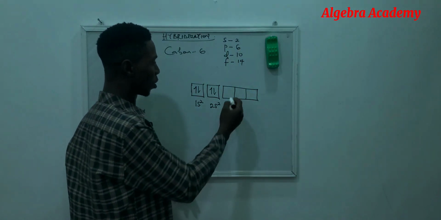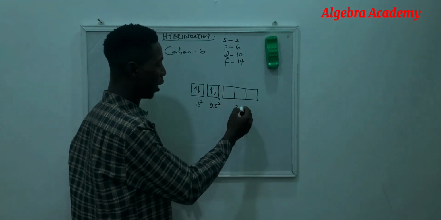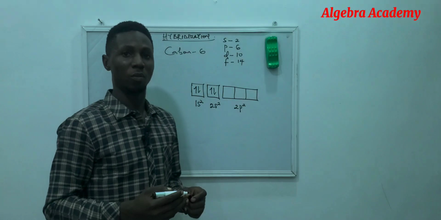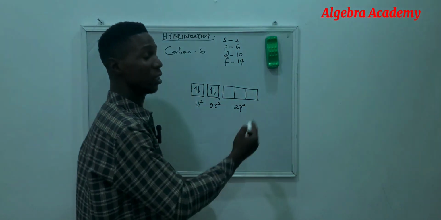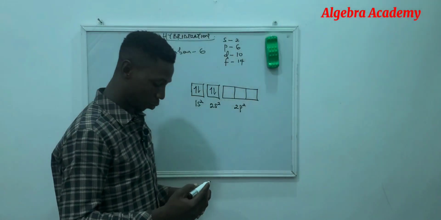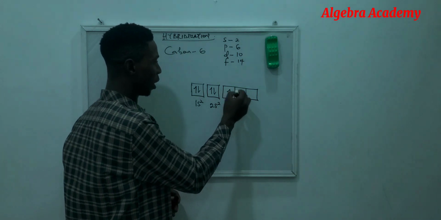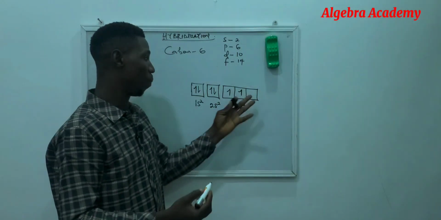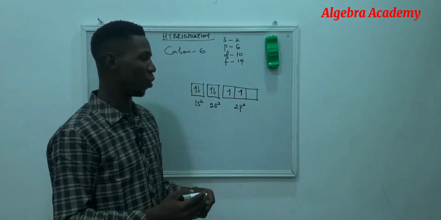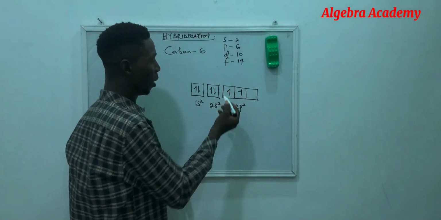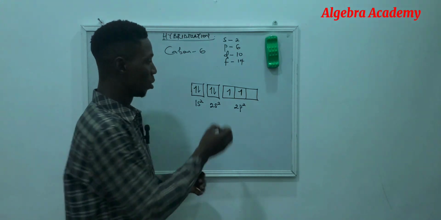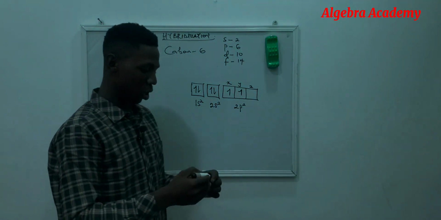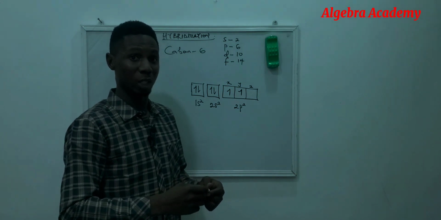So for p, it is 2p2. According to Hund's rule of maximum multiplicity, electrons fill into orbitals singly before they pair up. So we have the first electron, the second one. We only have 2 electrons in p, so the third orbital remains empty. For the sake of recognition, we can label the p boxes as x, y, and z, so that we'll be able to know the one that contains electrons and the one that does not.